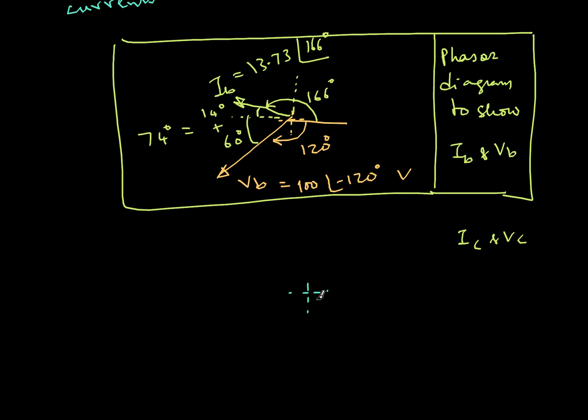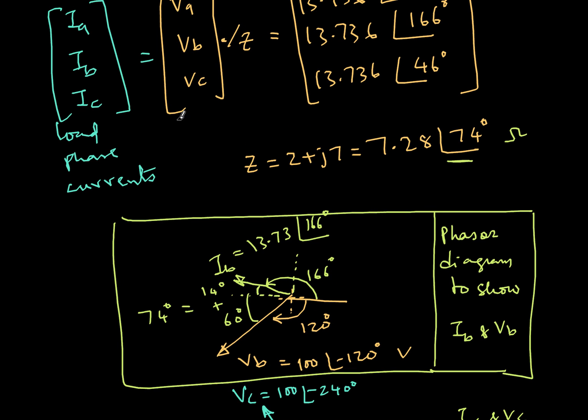The C phase voltage: this is 0 degrees and this is 120, minus 120 or plus 120. Sorry, minus 240 or plus 120. So VC is nothing but 100 angle minus 240 degrees. That means this entire angle is 240 degrees. If I'm starting from 0 and go clockwise, it will be counted as a minus angle. Now, what is the angle of the current IC? If I go up, here you can see IC current angle is 46 degrees.